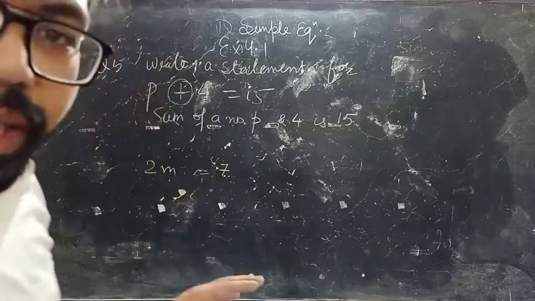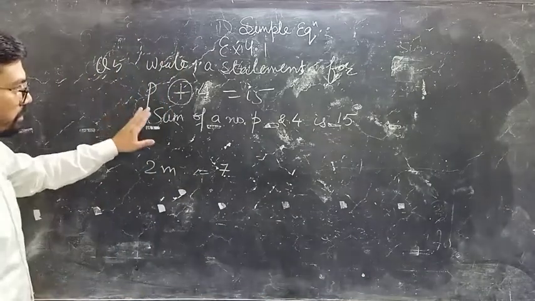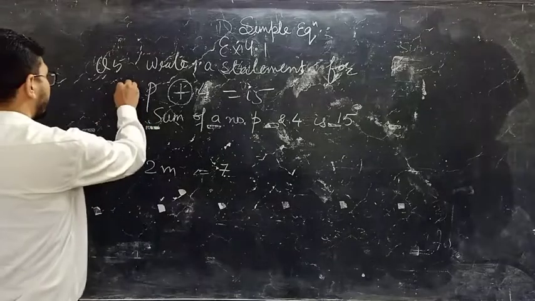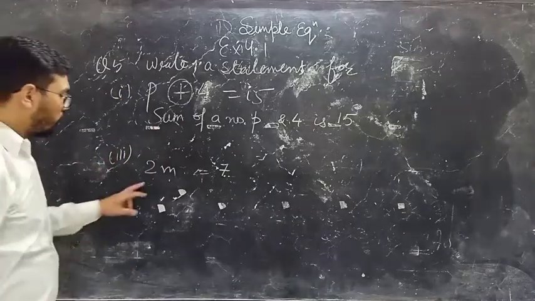Now the next is question number 5th. Okay, this is the first part and this is the third part. Okay, the rest is for your homework. 2m is equals to 7.